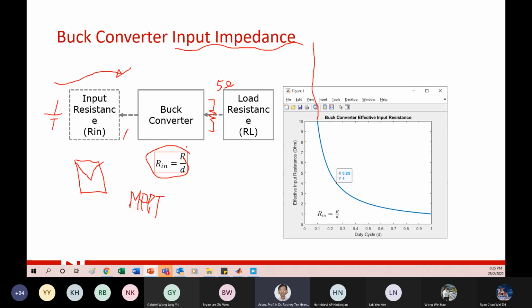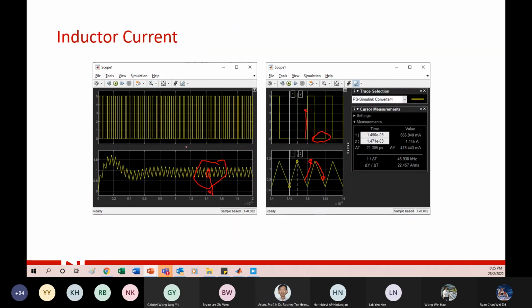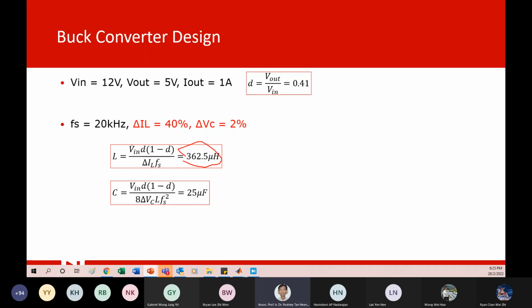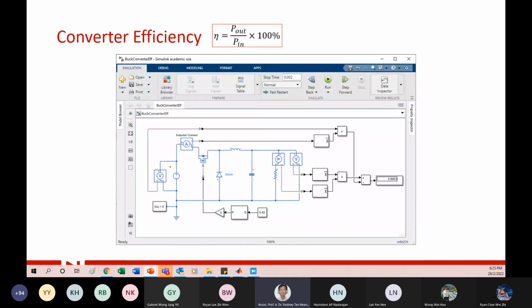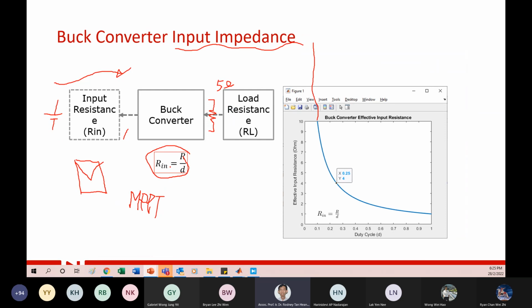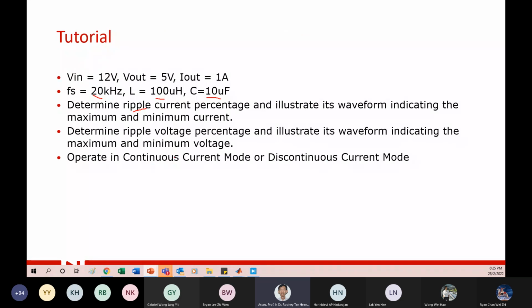That means you are using this equation, and I want you to find this one. You just do algebra: put L in, take this out, and you should be able to find how many percent. So with this equation you can play around with what you want to find. These are just some sample examples.